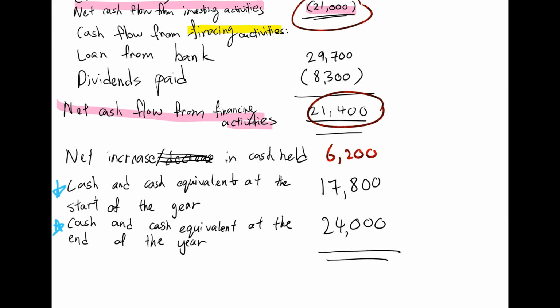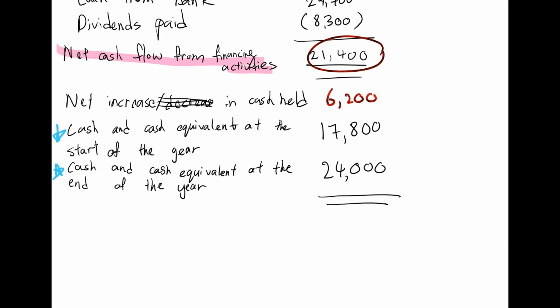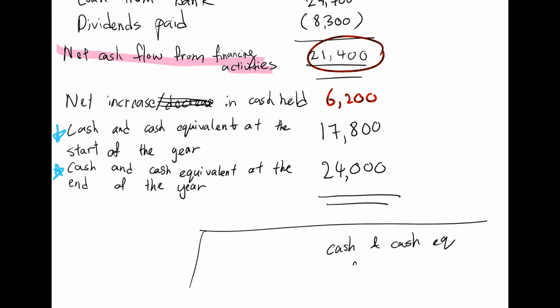So how to check whether your statement is correct or wrong, whether you have done it wrongly or not? There's a simple way of checking this, which is to look at the cash and cash equivalent at the start and at the end. This part you can write in your workings to check. Your cash and cash equivalent at the start is 17,800.